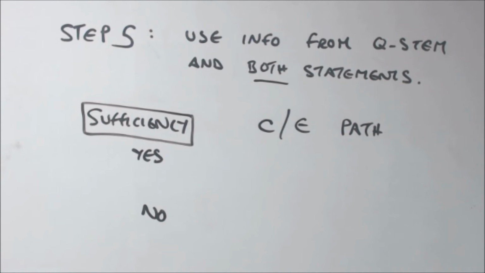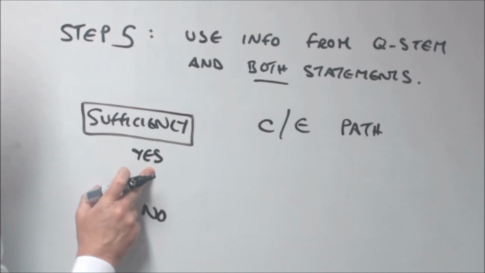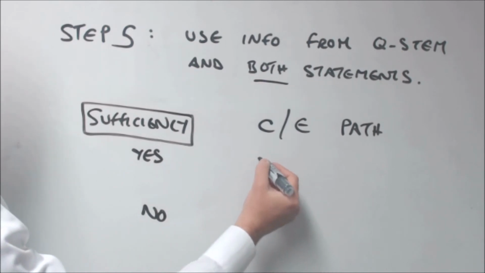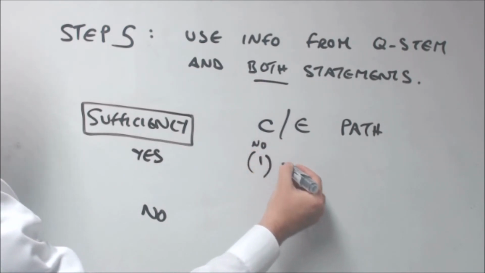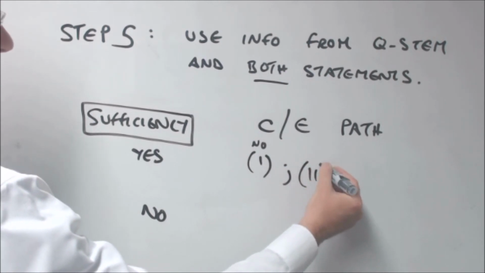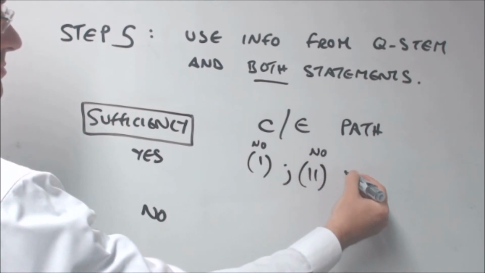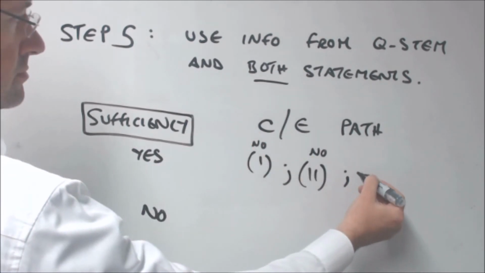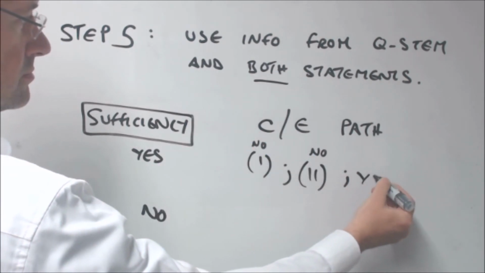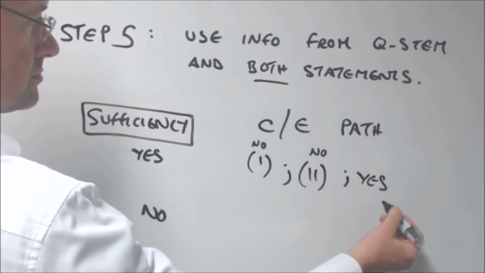If you are able to answer the question, if you have sufficient data to answer the question, your final decision is a yes. In other words, you've got a no for statement 1 by itself, a no for statement 2 by itself. You put everything together like a good test taker, and you then get a yes, which happens fairly often, by the way.